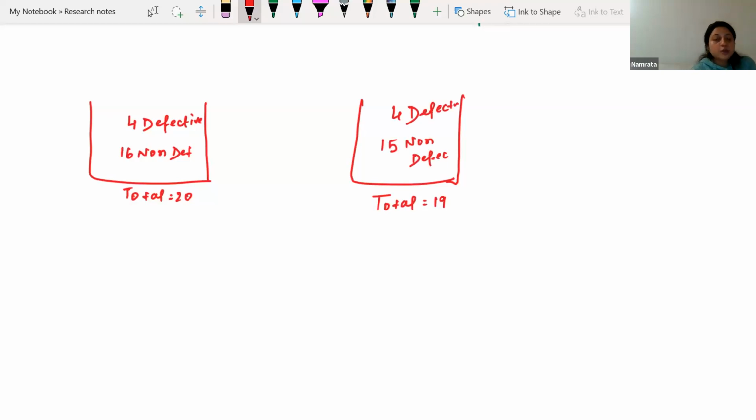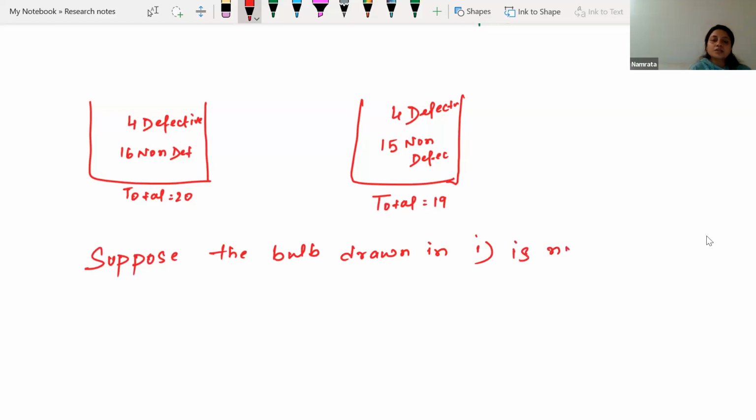So part 2 says, suppose the bulb drawn in part 1 is not defective and is not replaced.